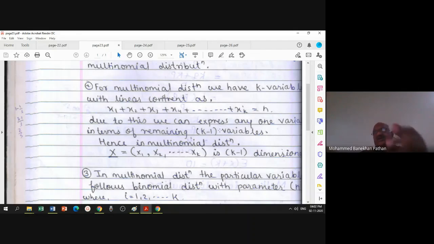Just like I told, x1 plus x2 plus x3 is 10, so I can write any one in terms of the others. Out of three variables, one variable depends on the other two and the two are independent. So in general, if you study k variables, the number of independent variables is k minus 1 and 1 is a dependent variable.